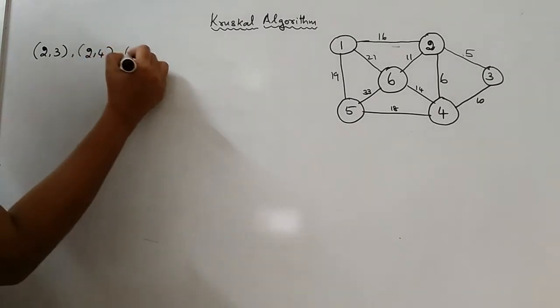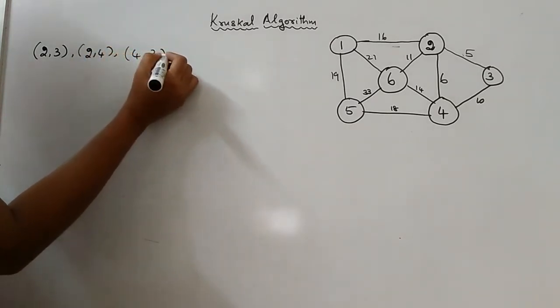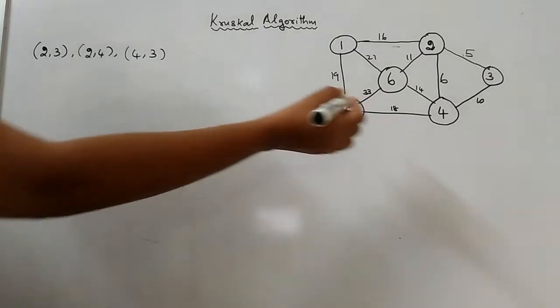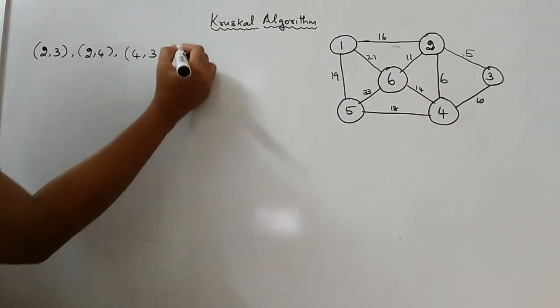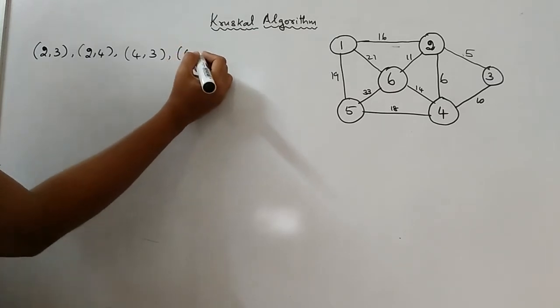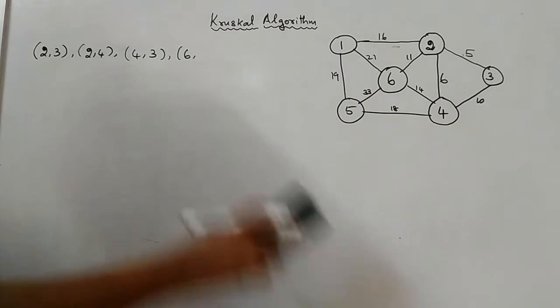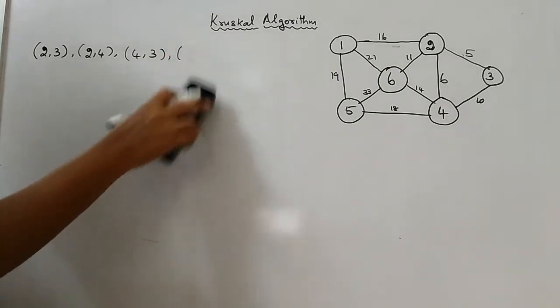So here I am writing 4 comma 3. 4 comma 3 and 3 comma 4 are both equal. Next to 10 I have 11. So here I may write 2 comma 6 or else 6 comma 2, no problem at all.